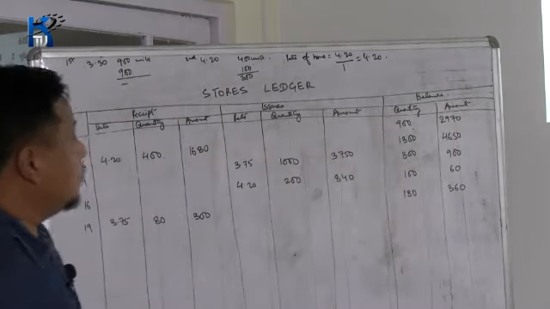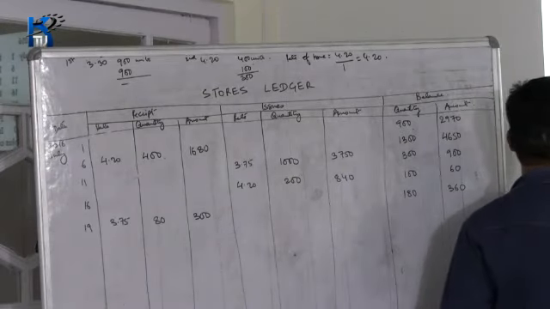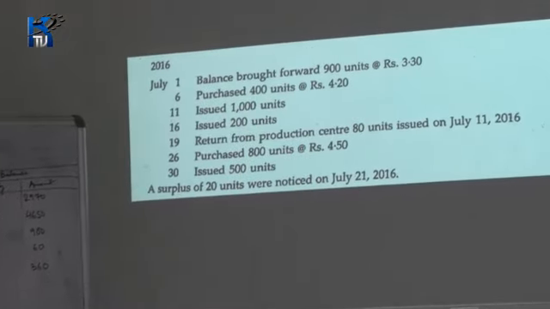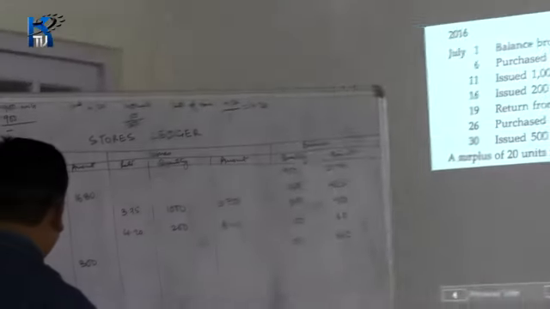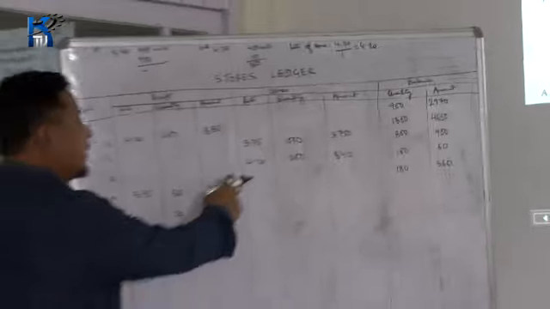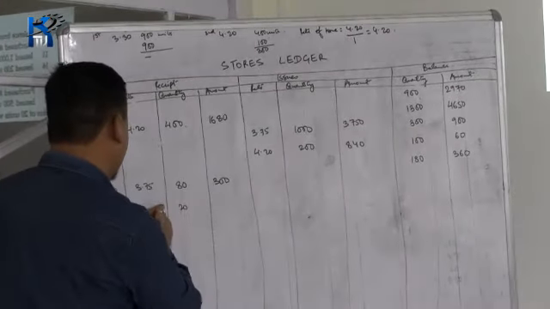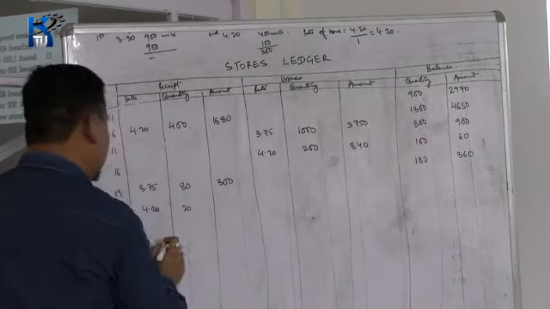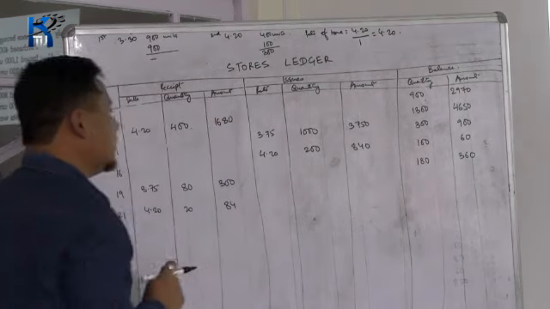Now before going to 26, there was a surplus of 20 units on 21st July. So on 21st July, there was a surplus of 20 units, the rate of which will be calculated on the latest rate, that is 4.20, which is 84 rupees.